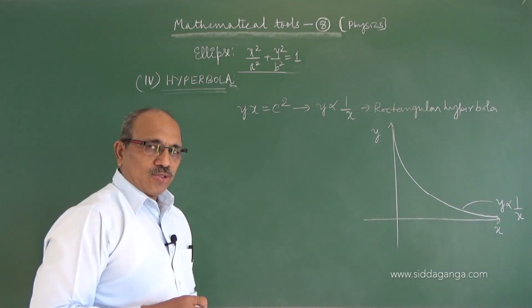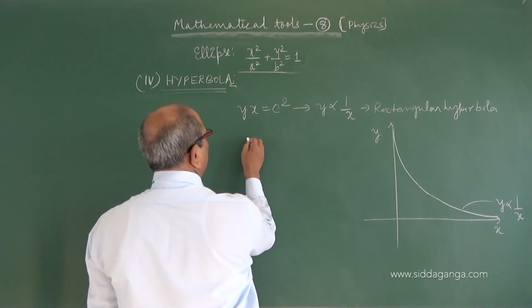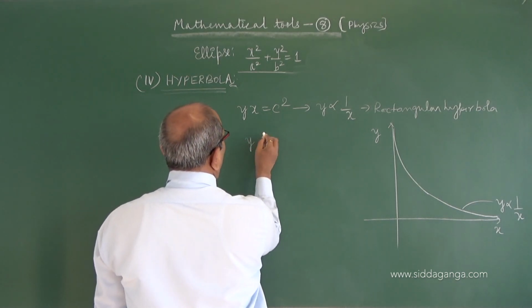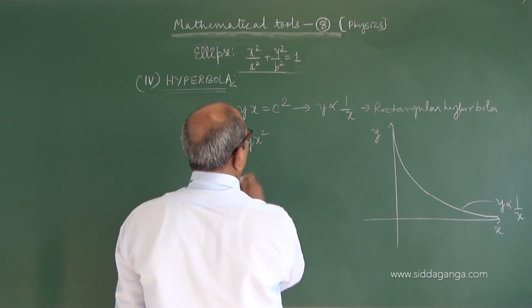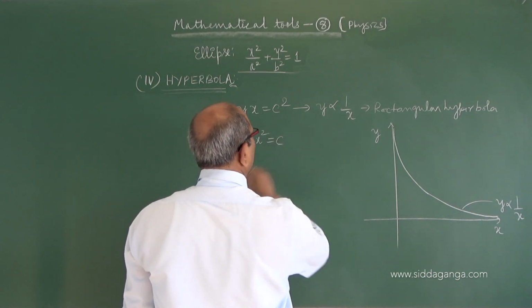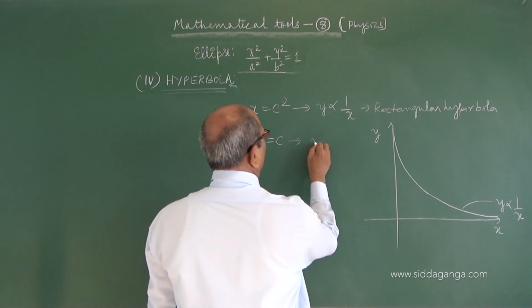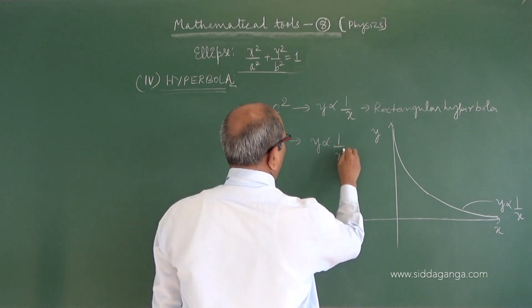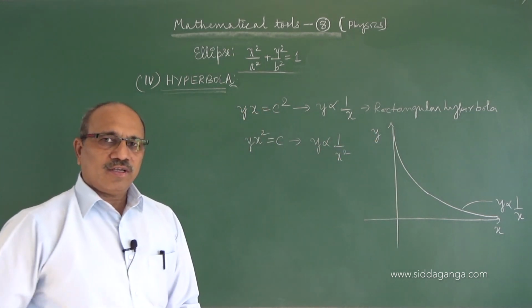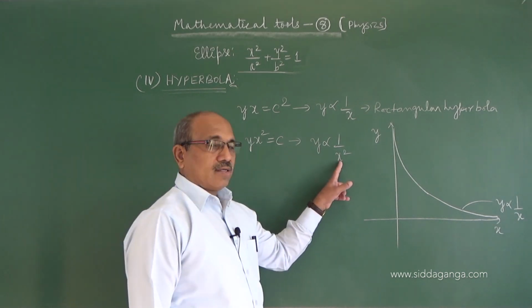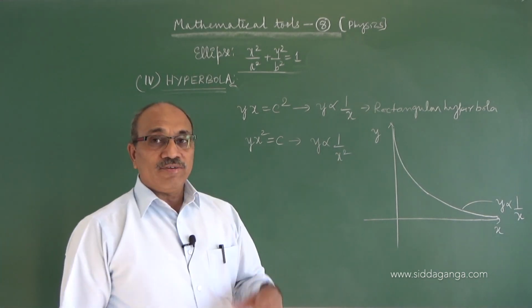In the same way I show you another equation. We can see y x square equal to c, where we see that y is inversely with x square. I hope you are understanding x square. Similar to that, the curves in physics are necessary.